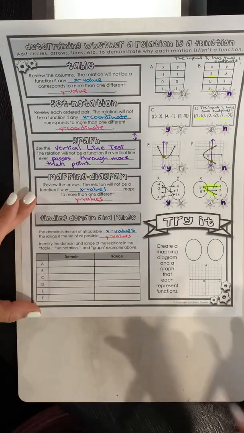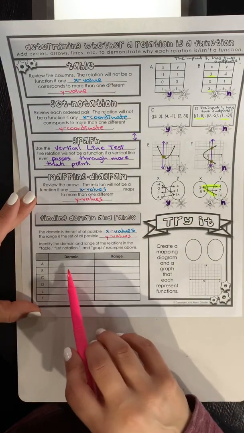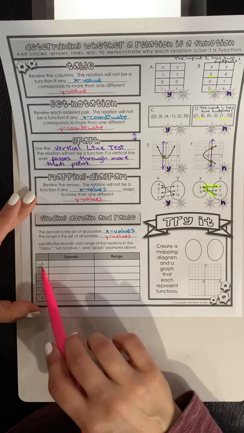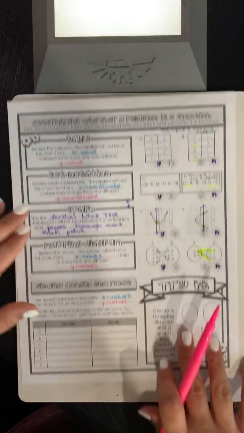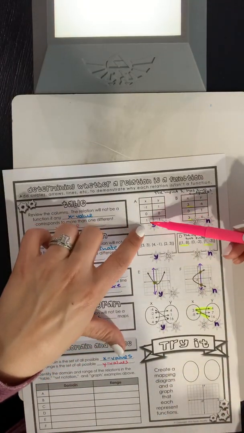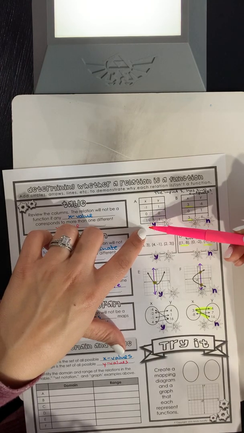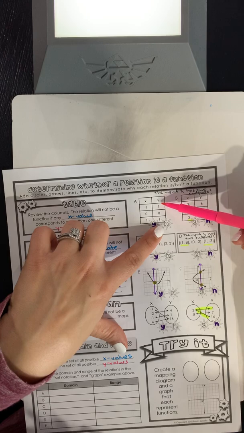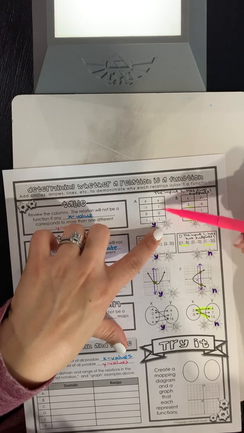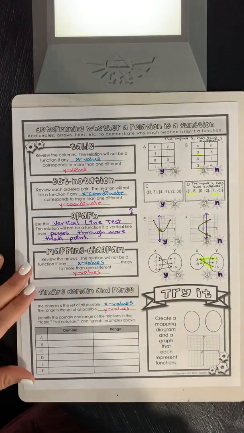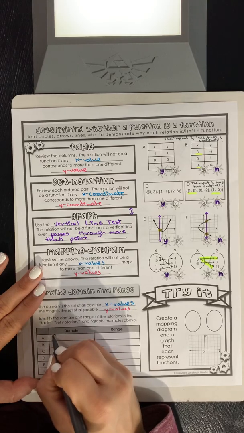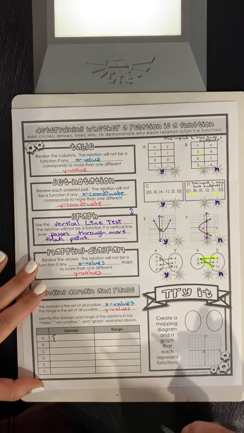So I'm not going to do all of these, but I just wanted to remind you, if I wanted to find the domain, for instance, of problem A, I would simply copy down all the x values I see. If I wanted to do the range for A, I would simply copy down all the y values. What that would look like mathematically, you will see these weird little brackets.